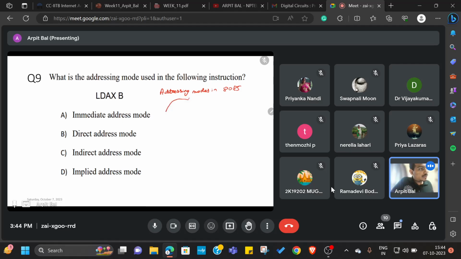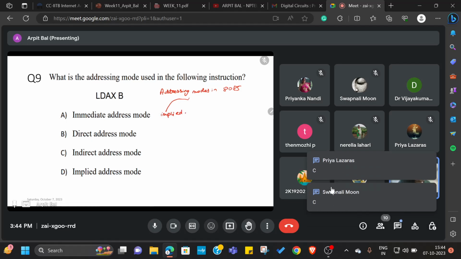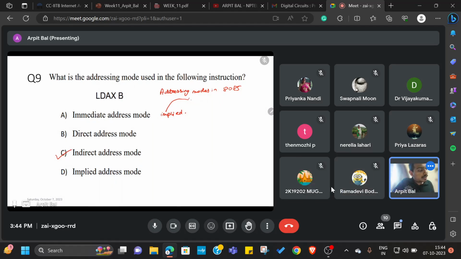In 8085, yeah, option C is correct, it is indirect addressing mode. And why is it called indirect addressing mode? Can anyone tell me?